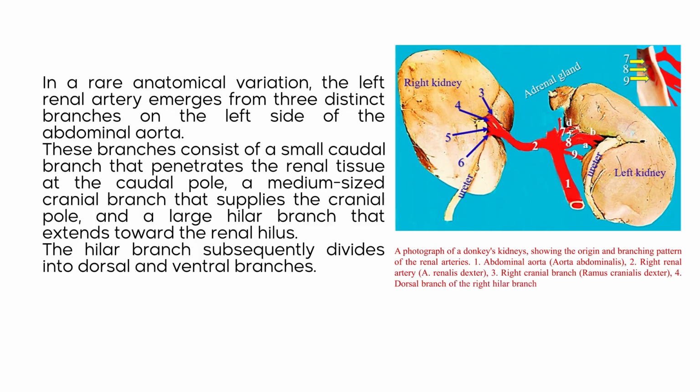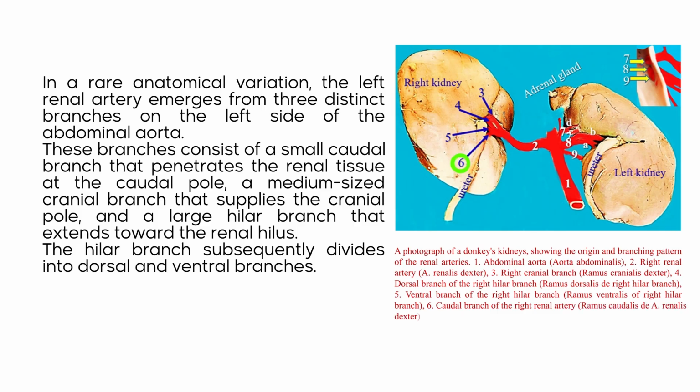Dorsal branch of the right hilar branch, ramus dorsalis. 5. Ventral branch of the right hilar branch, ramus ventralis. 6. Caudal branch of the right renal artery, ramus caudalis de A. renalis dexter. 7. Cranial branch of the left renal artery, ramus cranialis de A. renalis sinister.